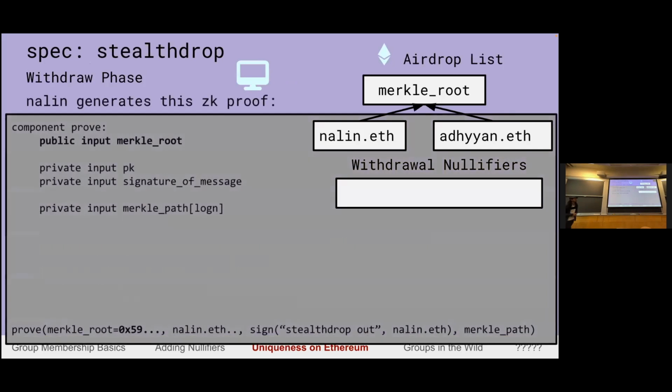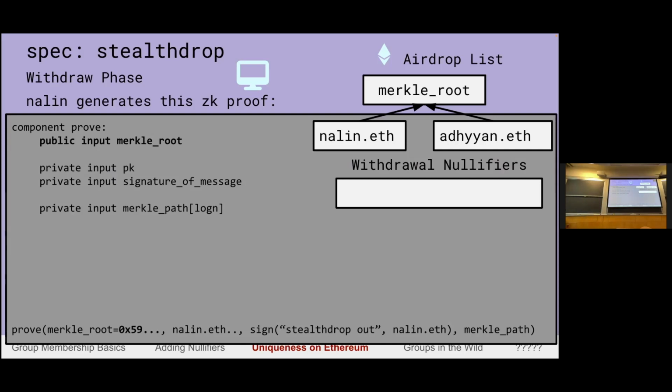Let's say Nolan and Adyan are in this tree, and Nolan is going to generate a ZK proof of withdrawal. What are the arguments that are going to be passed into this proof? The Merkle root of our airdropping tree, his specific public key, where in this case I use Nolan.eth as a stand-in for 0xD56, whatever the address is, a signature of some known message with his secret key, and the Merkle path.